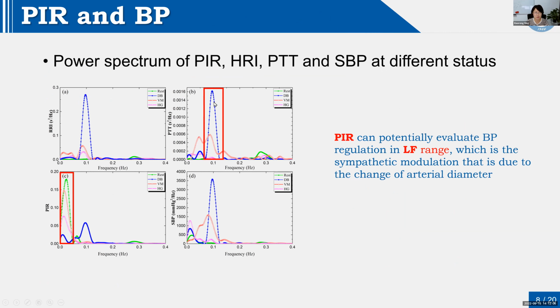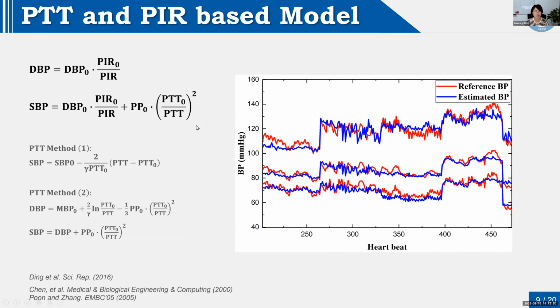As you can see in this figure, the PTT can reflect the high frequency of the blood pressure change, and the PIR could reflect the low frequency of the blood pressure change.